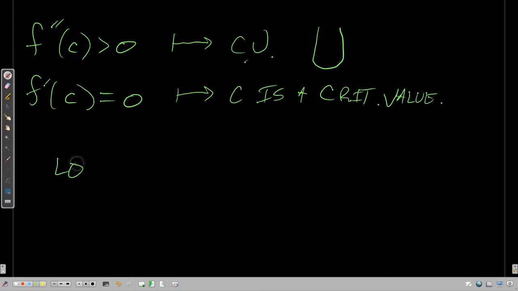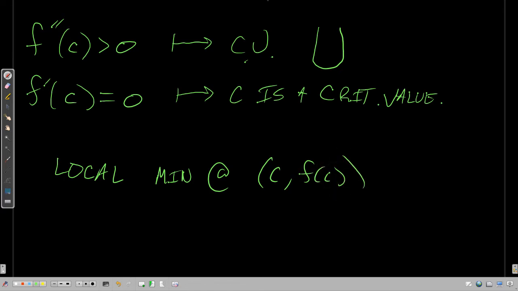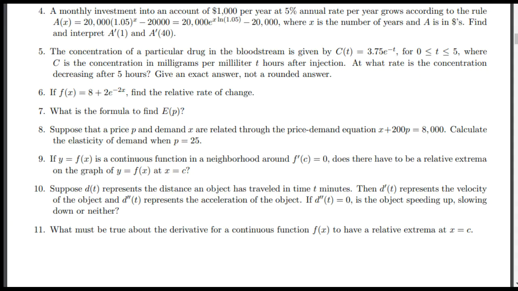In this case, we have a local minimum at the point C, f of C. All right, so that would probably get us through all of the multiple choice questions, for which there were 12.